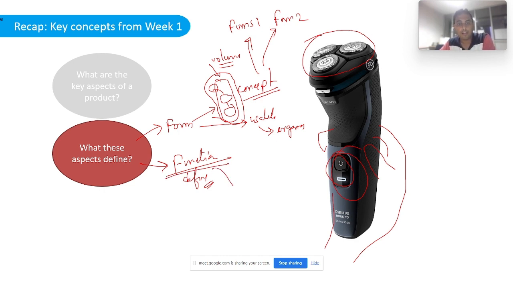Now in terms of functional definitions, we try to see how a particular function can be achieved. For example, here to achieve the functionality of shaving, we have used three blades.